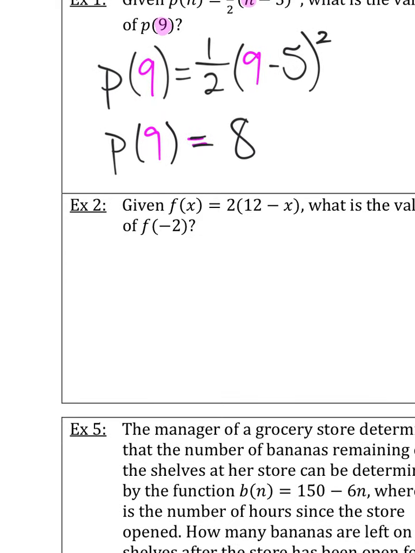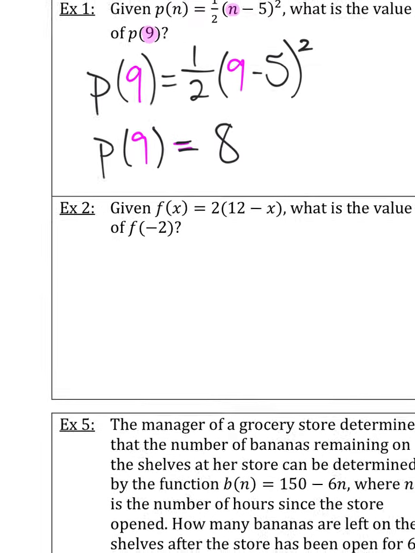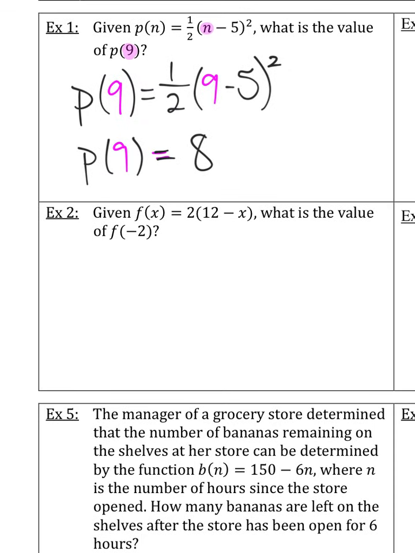It says, given f of x is equal to 2 times 12 minus x, what is the value of f of negative 2? Again, I'm going to highlight my f of negative 2. I know that that means that I am replacing my x value here and here, and that is how I'm going to write it in my Desmos.